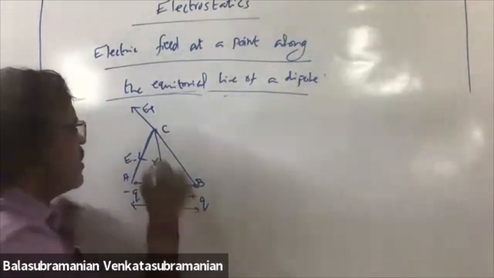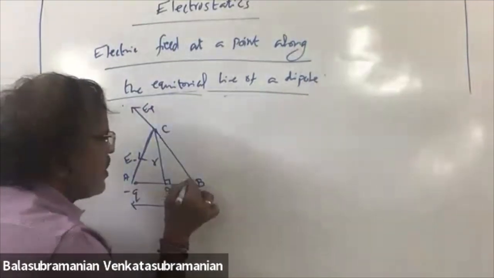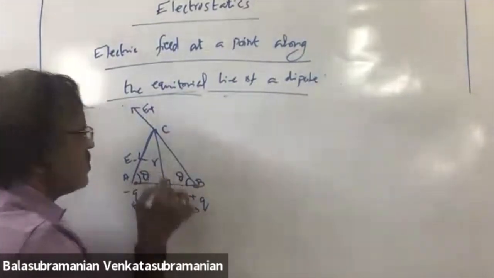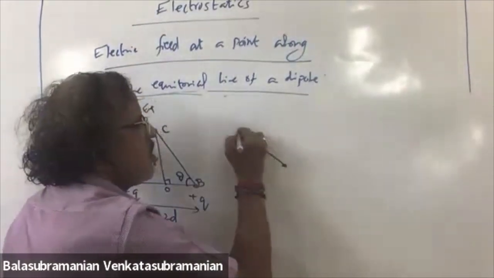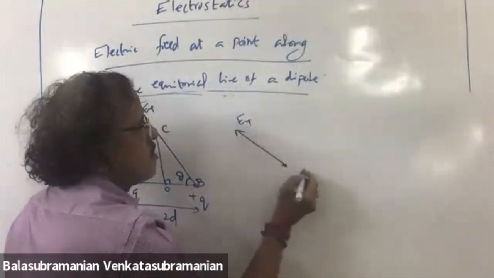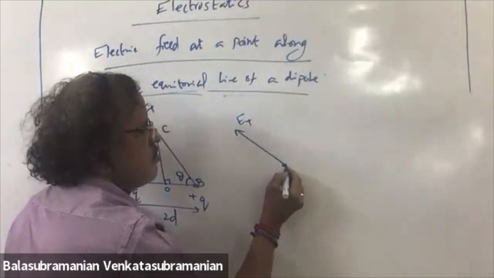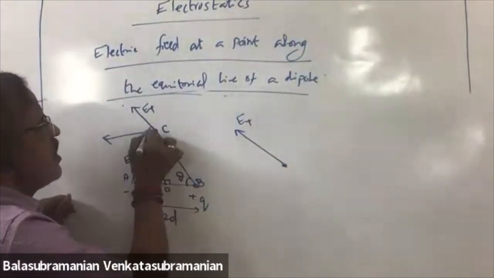So the resultant of this one and this one, we have to calculate. Here, this is theta, this is theta. This point we will consider as point C, E plus. Sir, this is theta means this angle is also theta.